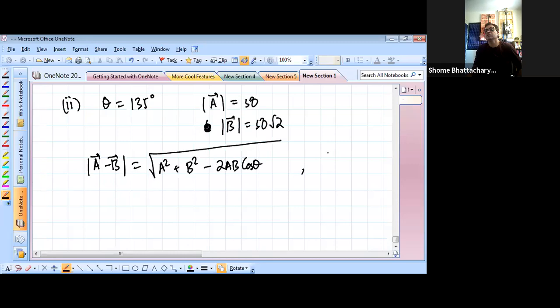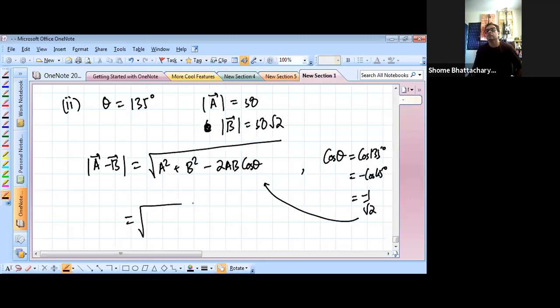Okay. So in this case, cos theta, which is cos 135 degrees, will be minus cos 45 degrees. So it will be minus 1 by root 2. So let's substitute this over here.